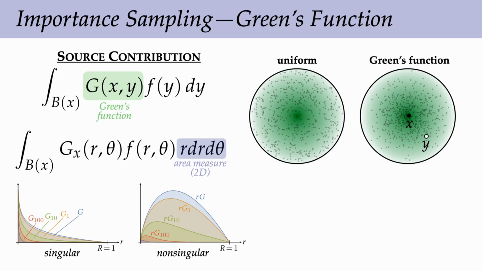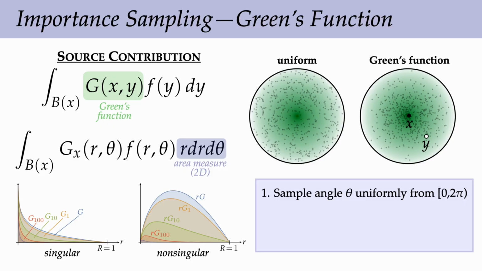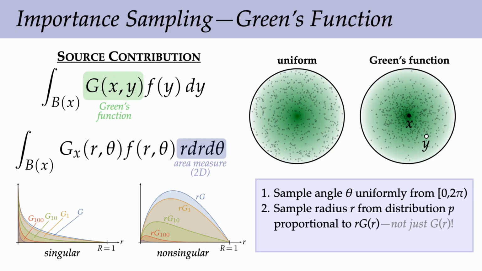So in 2D, g times r. So now rather than picking a point uniformly from the ball, what we're going to do is sample theta uniformly in the range 0 to 2 pi, then sample the radius from this distribution r g, and finally evaluate the source term f at this new point, y equals r theta, and divide by the probability p that we sampled from this distribution.